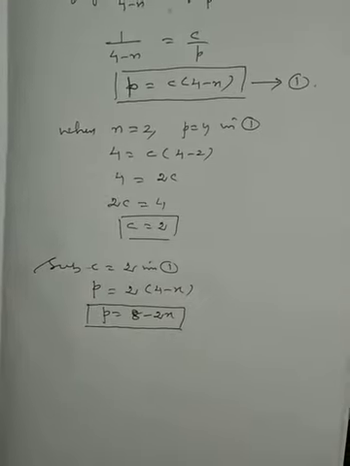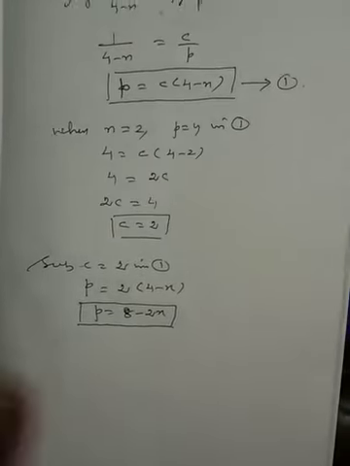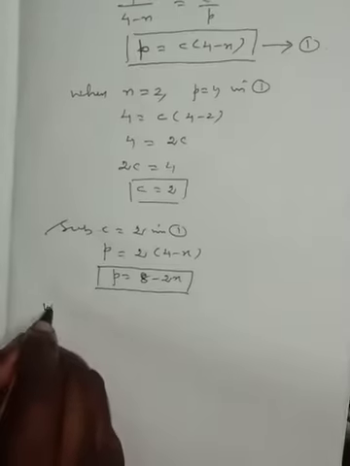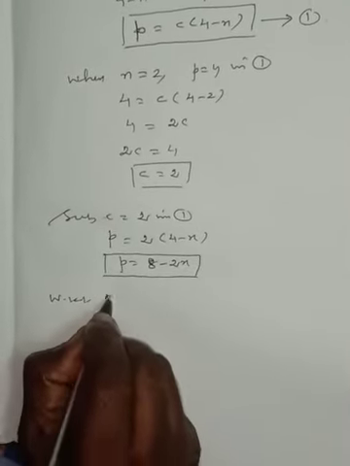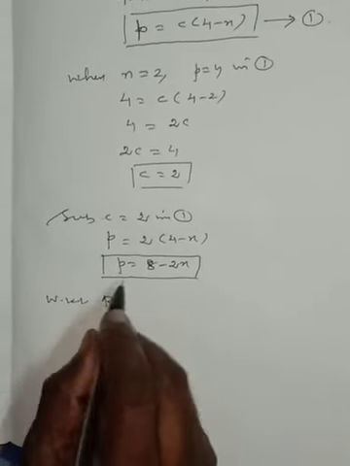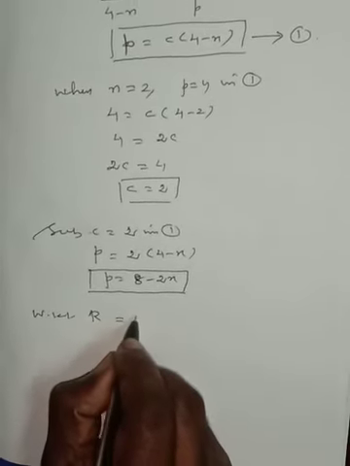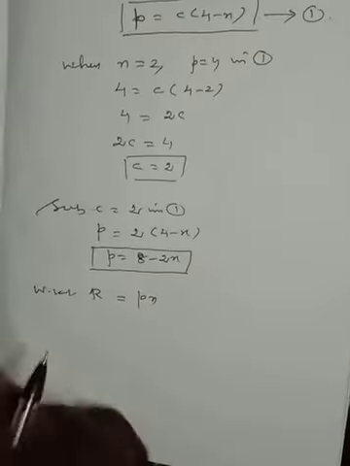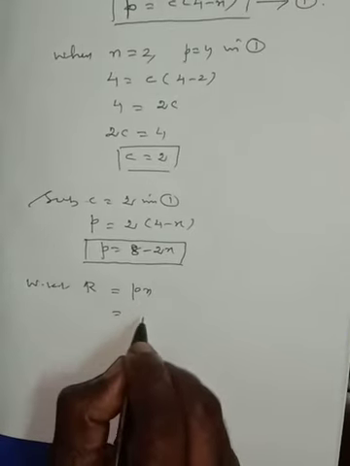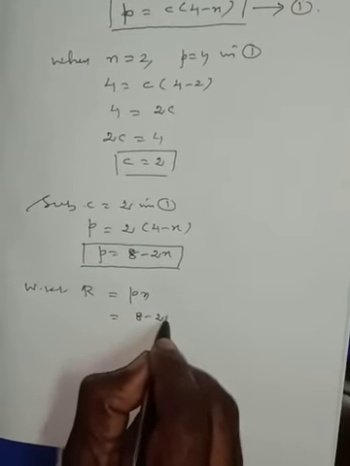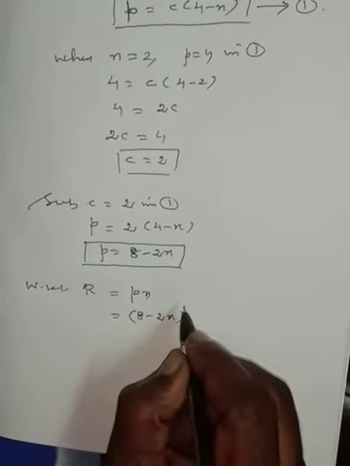Next, also find the revenue function. We know that the revenue function R is equal to px, which is equal to 8 minus 2x into x.